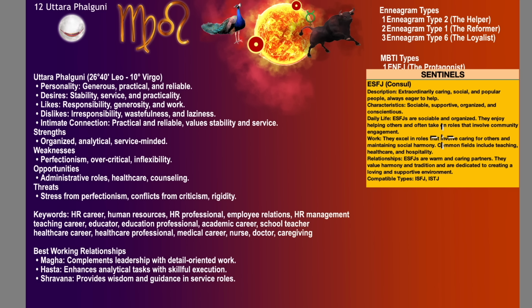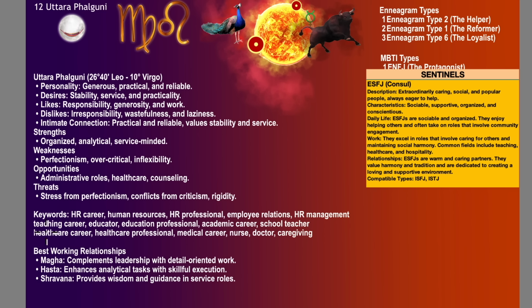That's important, especially this day and age. In work, they excel in roles that involve caring for others and maintaining social harmony. Common fields including teaching, healthcare, and hospitality. Well, again, all three of them. See where your Mercury is, see where your Sun is, and if it is sitting in the sign of Virgo, it becomes very strong, obviously, in the communicative roles.